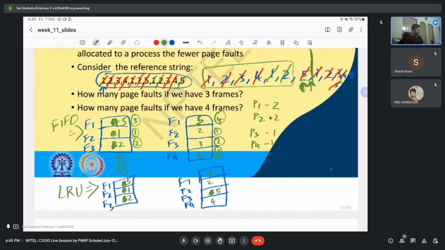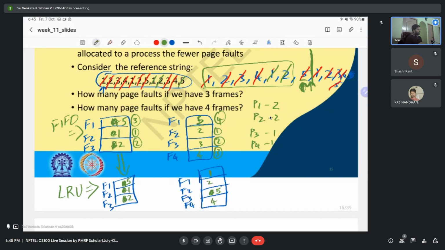But if you increase your frame count to 4, and look at which active pages are in memory compared to the 3-frame scenario, for LRU it is the same 5, 1, 2, and page 4 is also present in addition to these 3 pages, because you have an extra frame allocated to your process.